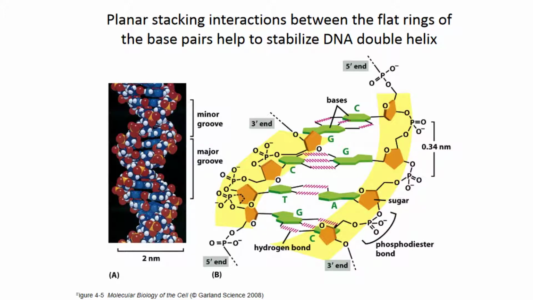So you have 0.34 nanometers, and once they're really stacked, you see the helix being 2 nanometers in length. It's pretty stacked, and it's going to be even more stacked once we go to the next slide, unless there is a question.